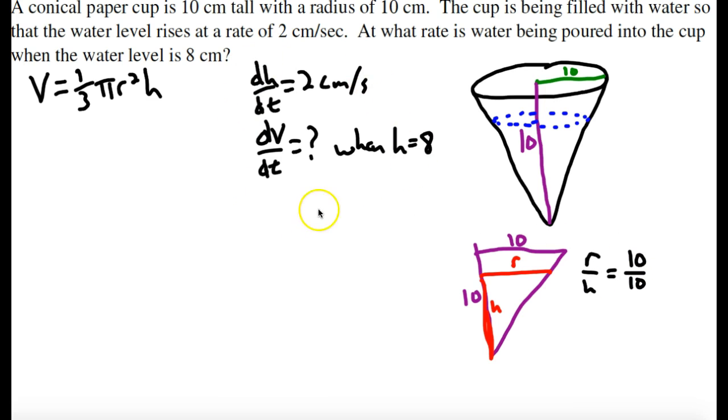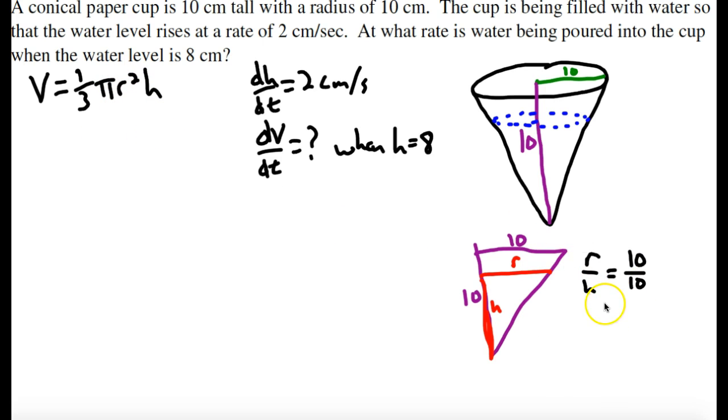Now, I'm only given information about the height, about dh/dt, and about h. So I want to write my volume formula only in terms of h. That means I want to solve this proportion for r and plug something in terms of h in for r, so that my volume formula will only be in terms of h.